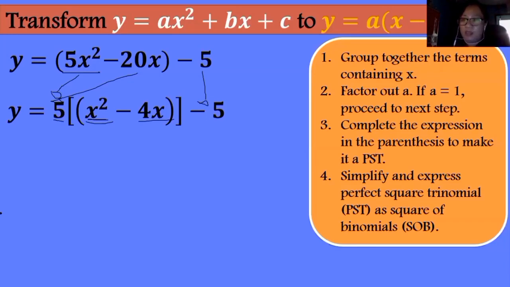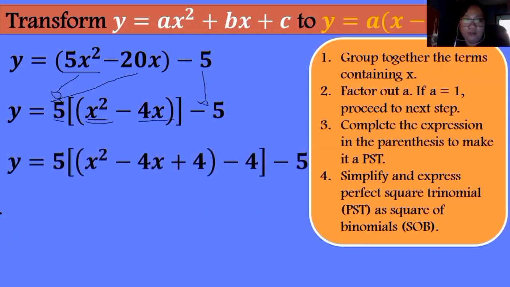Next, complete the expression in the parentheses to make it a PST. Copy 5. Then x squared minus 4x, copy that. Divide this by 2, that is 2. Multiplied by itself, that is 4. Add it, then subtract it again.